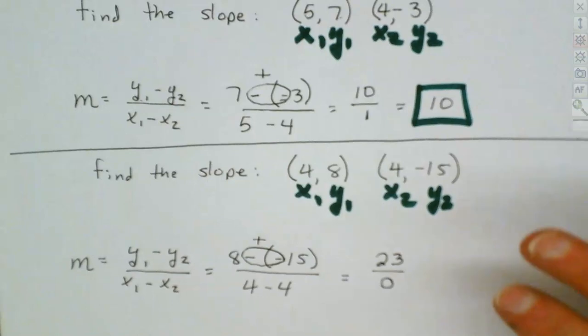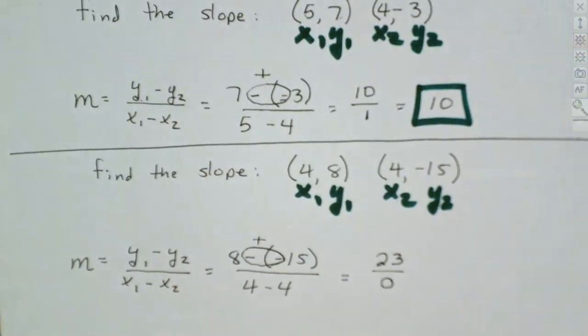Is this 0 or is this undefined? Which one is it? 0 or undefined? Can you take a number and divide it by 0? No, right? If you have 0, you can take 0 divided by 4, right? 0 divided by 5, those are all 0.